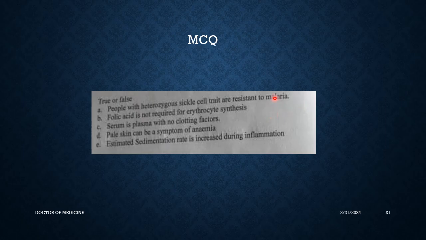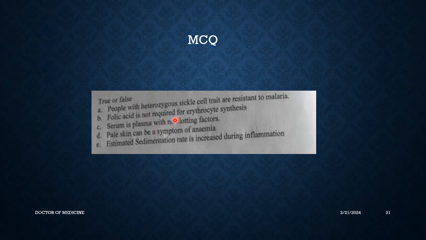So the malaria pathogen finds it hard to mature inside a sickle cell red blood cell. So people with this sickle cell trait have been recognized to thrive with the malaria pathogen. They're not really affected, they survive. Okay, so this is true.